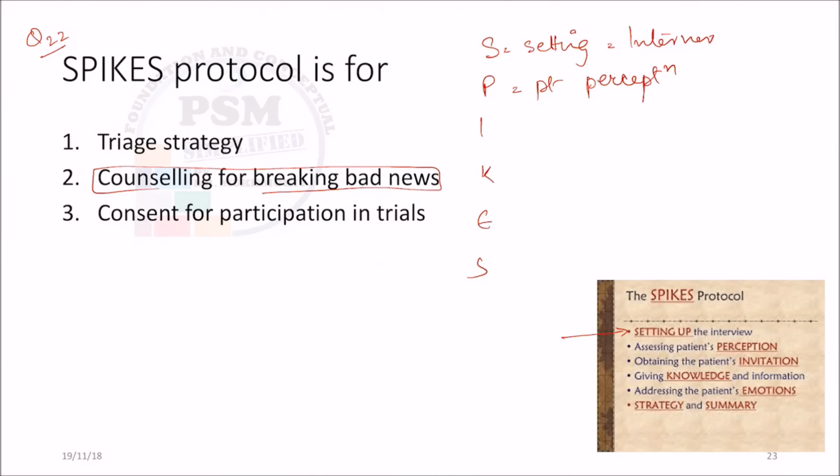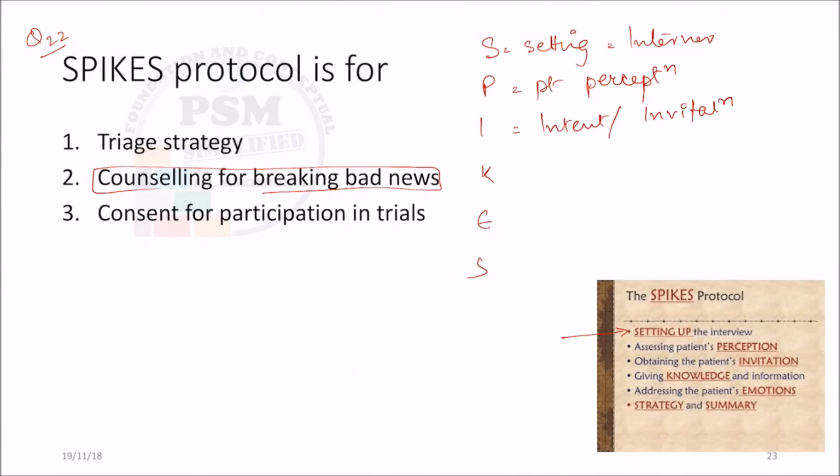I is obtaining the patient's invitation, about how he wants to receive the news. In case he's ready to receive the news, only then we are going to open it. Otherwise, we may ask the patient to come back at a later time, and we make a counseling session.